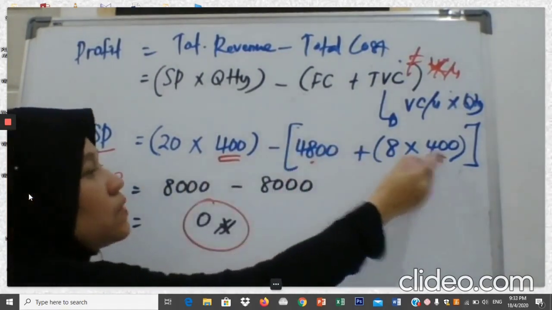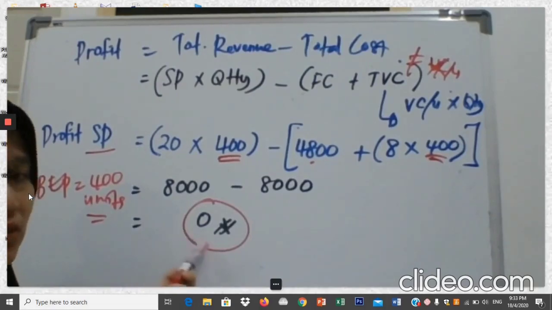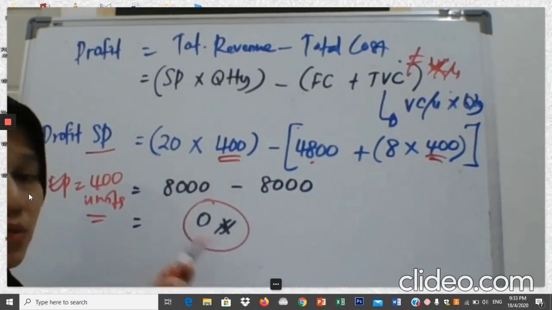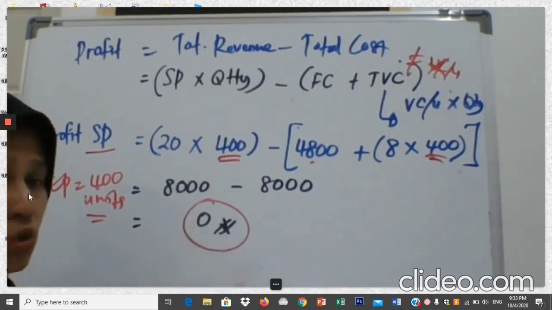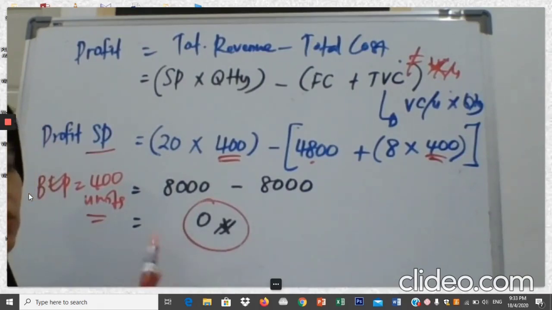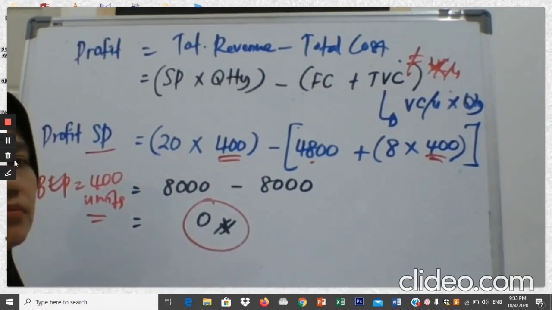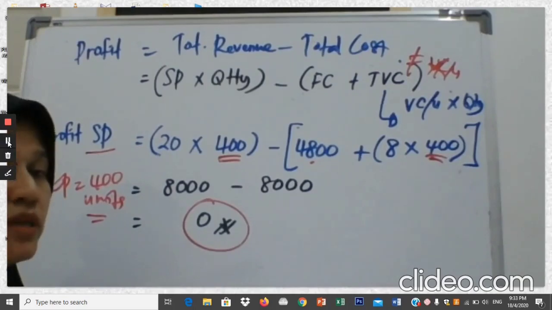You are not required to test whether the company will get zero profit or not at break-even point. But memang akan dapat zero. So normally when a profit question is asked, you will be given the quantity for you to calculate the real profit. So just remember that. Okay. So that's all for the break-even point analysis.